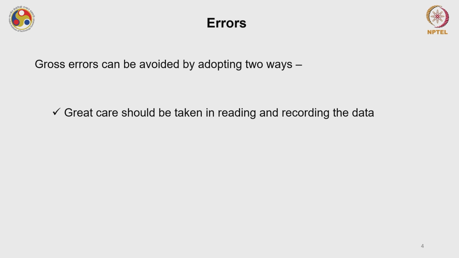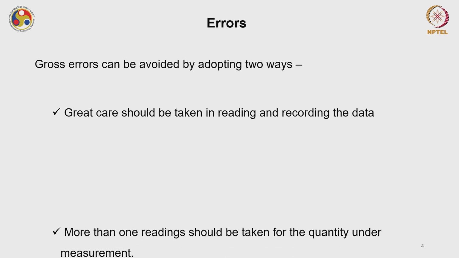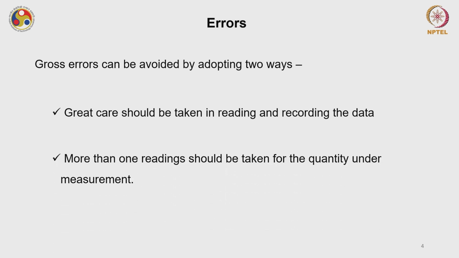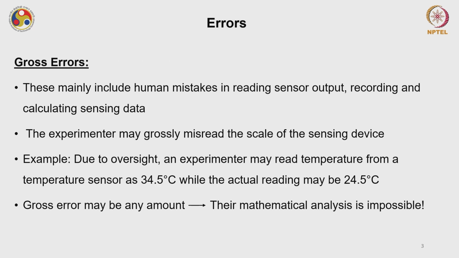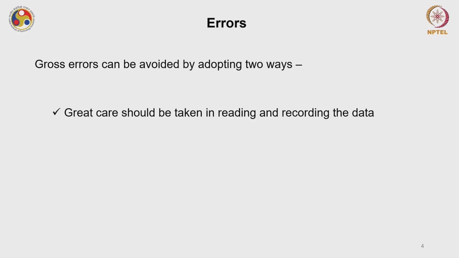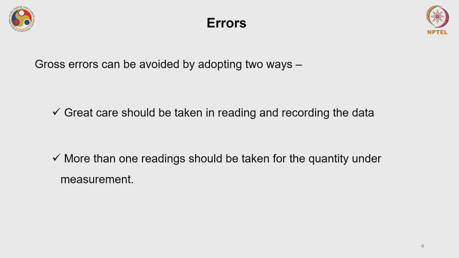One is that great care should be taken in reading and recording the data from the sensor. And more than one reading should be taken for the quantity under measurement. So, if this person has recorded 34.5 degrees Celsius just once when it was actually 24.5, but if he has taken multiple readings, say 3 or 4 events, this error can be minimized, or even sometimes avoided.